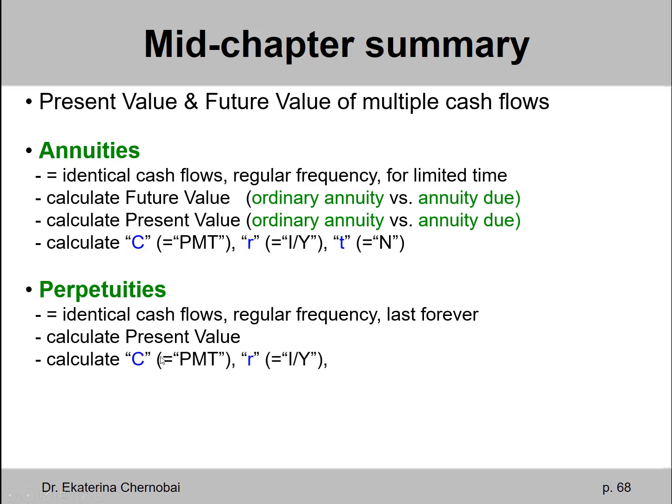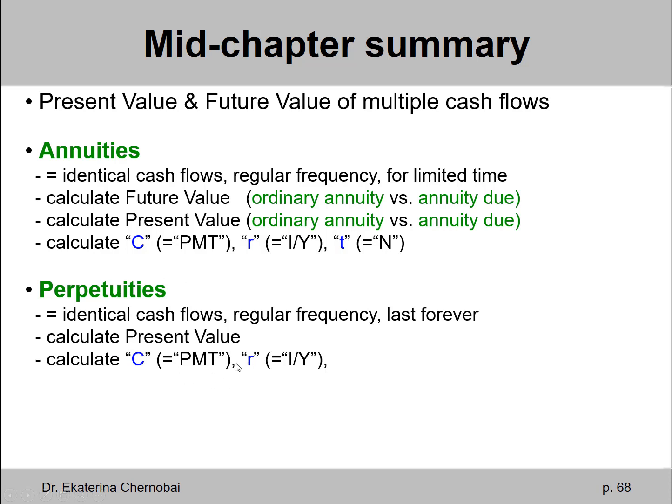But we did have an example on finding the perpetuity payment when we do know the annuity present value. Another problem would be solving for perpetuity interest rate, which is IY in the financial calculator or R in the formula.